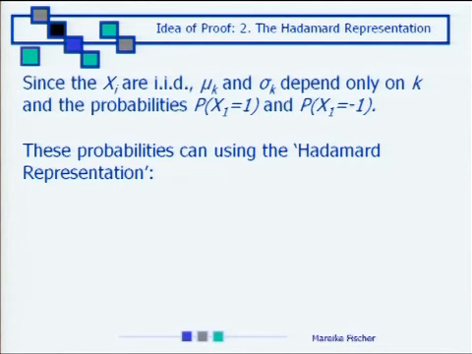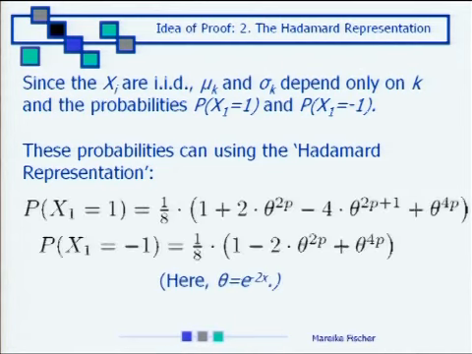And the nice thing then is that for these probabilities in the two-state symmetric model, there's a well-known way of expressing these probabilities with a so-called Hadamard representation. So you get these formulas, and this theta here is e to the minus 2x.